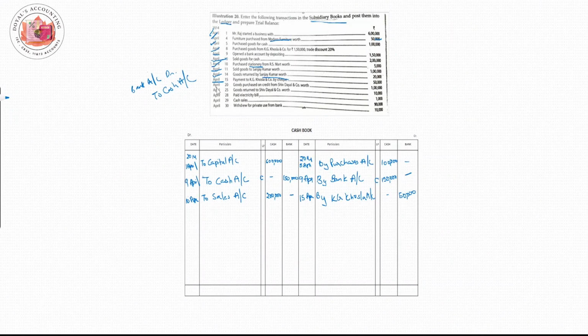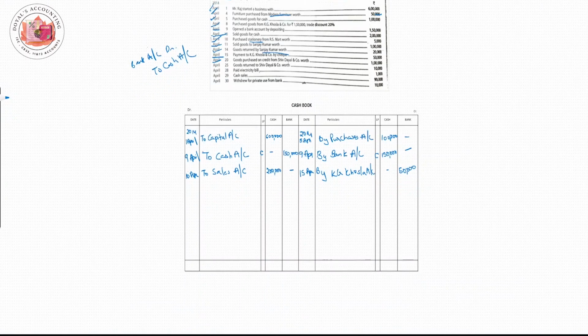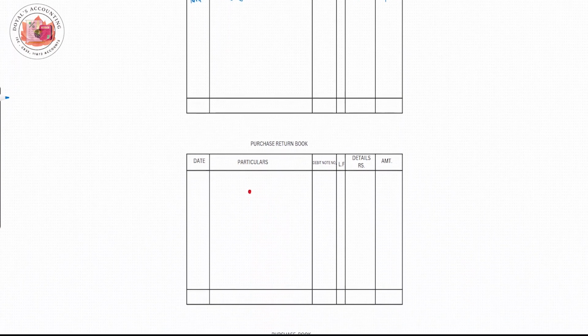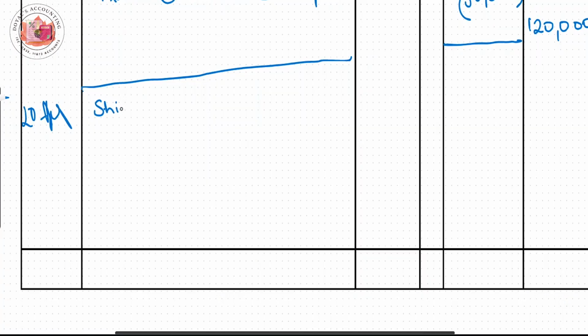Okay. Let's see the next transaction. Goods purchased on credit from Shiv Dayal and Company worth rupees 1 lakh. Okay, so this is going to be recorded in my purchases book. In my purchases book, Shiv Dayal and Co. rupees 1 lakh.